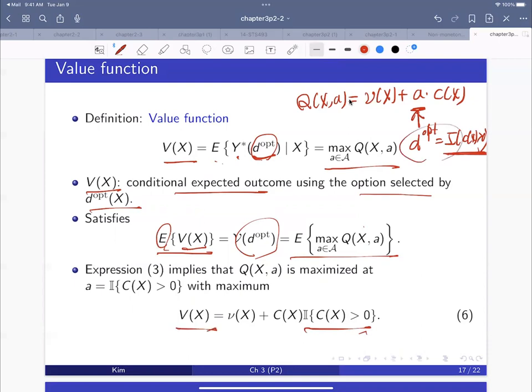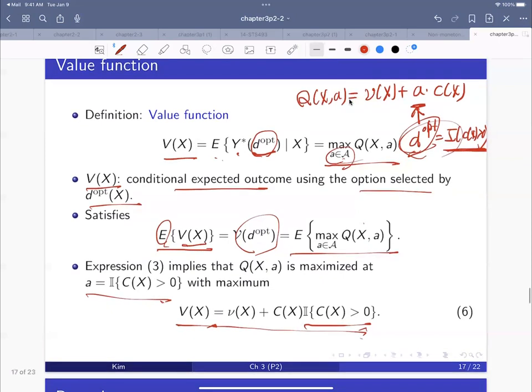The maximum is just choosing using this optimal rule, and that is the value. This is another expression for the value function. So this is the kind of baseline, and then this is the contrast times the optimal rule.